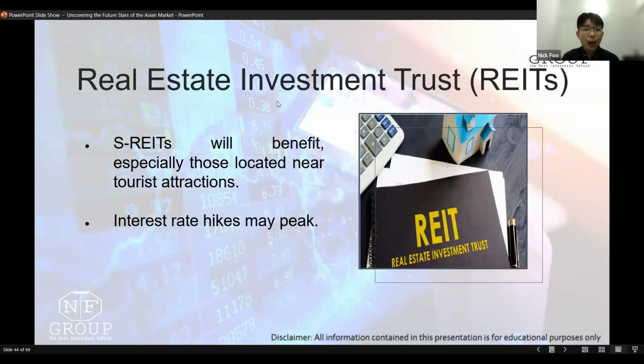So that's why I think we should focus on this sector, REITs, especially hotel REITs, which will benefit from this.